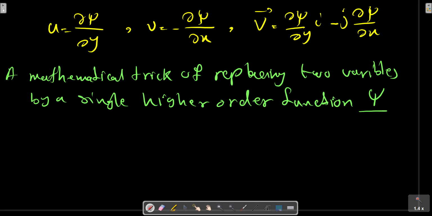The vorticity, or curl V, is an interesting function.